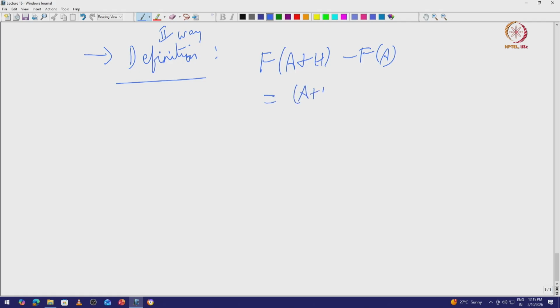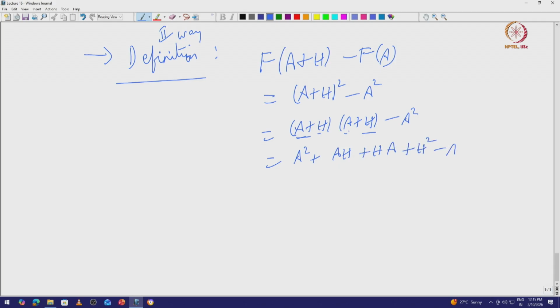This is (A plus H) squared minus A squared, which is AH plus HA plus H squared. So this is the so-called anti-commutator plus H squared.